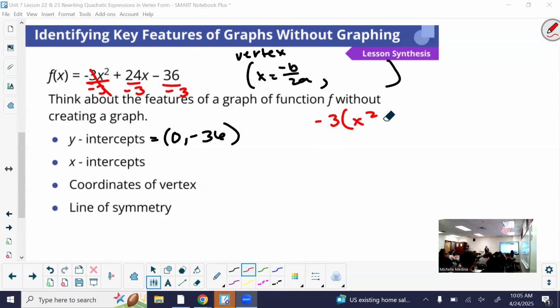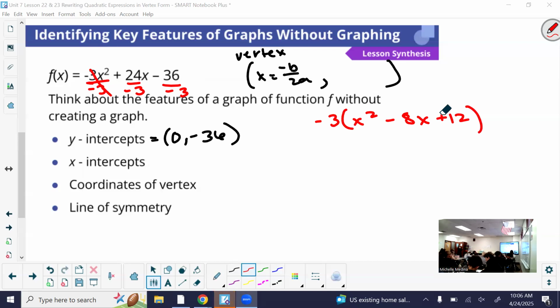24x divided by negative 3 is what? 24 divided by negative 3. So negative 8x is what that one will be. And negative 36 divided by negative 3, a positive 12, so I'm going to put plus 12 there.